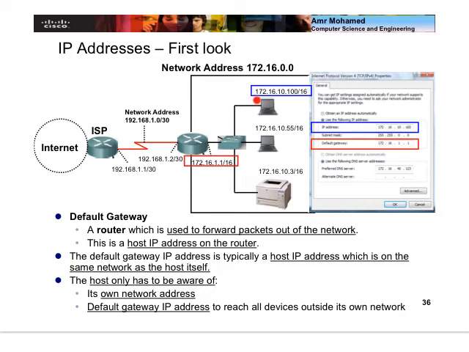So 172 is the highest byte, 16 is the second highest, and 10 is the third highest, and so on. So 16 means the first 2 bytes, which means 172.16. Anything else, I don't care, because this 10 and 100 refer to the host on the network. And for routing, I don't care about the host part. I only care about the network part.